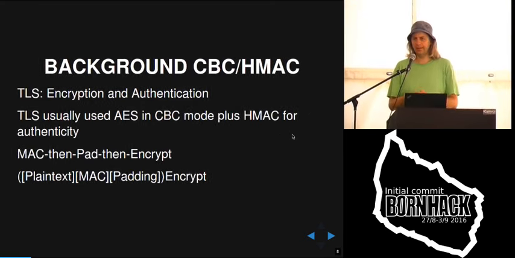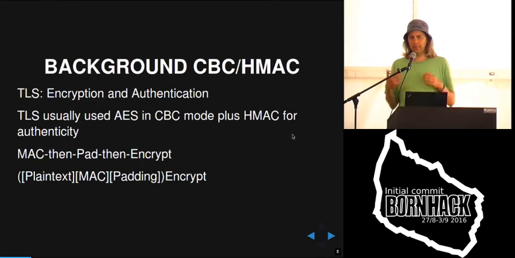And the background of this is that TLS, up until recently, most TLS connections used something called CBC mode, which is a mode for block ciphers. And it combined it with an HMAC authentication tag.